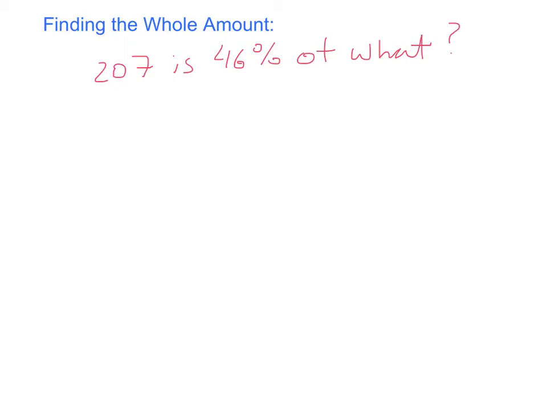Well, I'm going to set up my ratios in proportion to solve for this. So I'm going to set up 46 over 100 is equal to, now remember, 207 is the part in this case, so 207 over the unknown, so x.